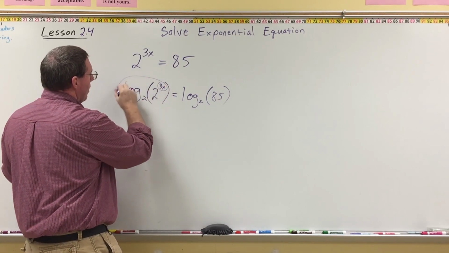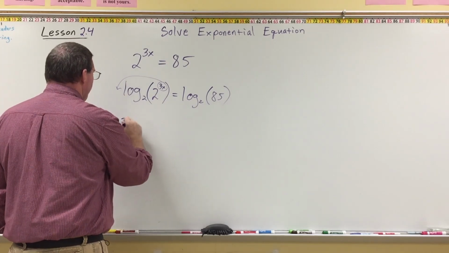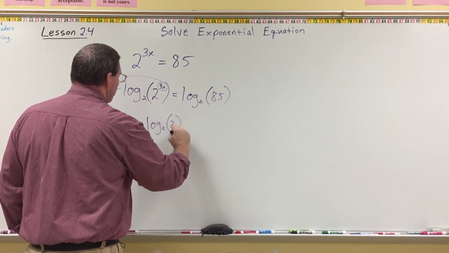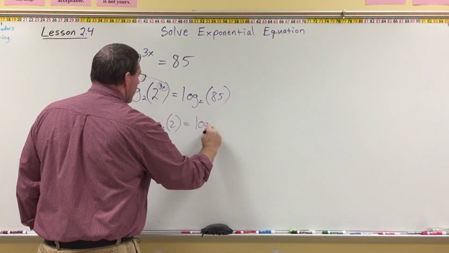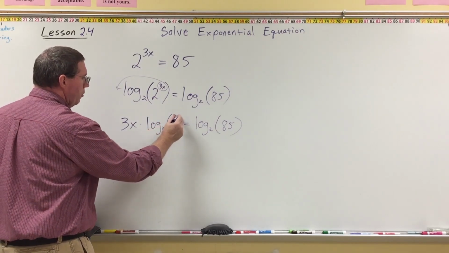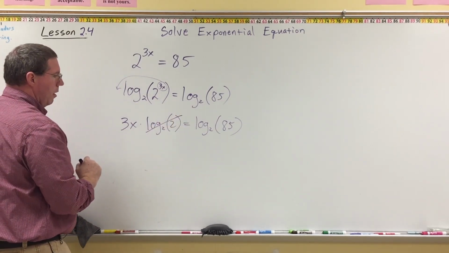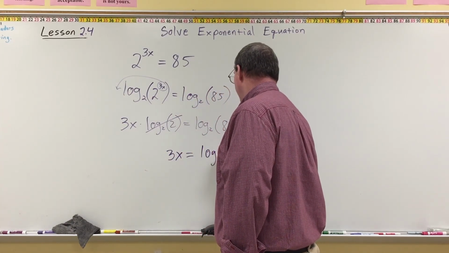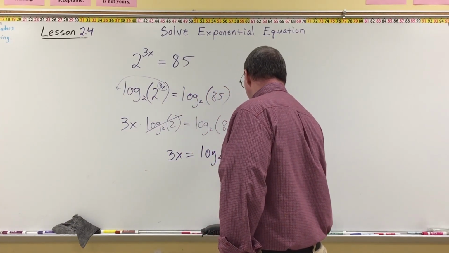We're going to move the 3x to the front of the logarithm. So we're going to have 3x times log base 2 of 2 is equal to log base 2 of 85. And now log base 2 of 2 equals 1, so that cancels. And now what we have is 3x is equal to log base 2 of 85.